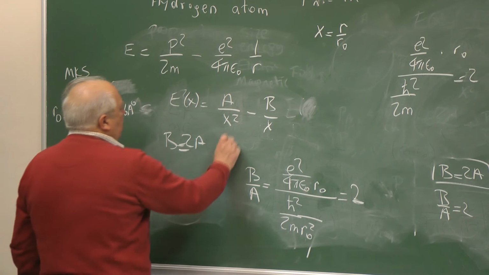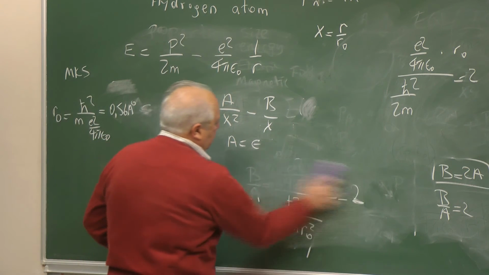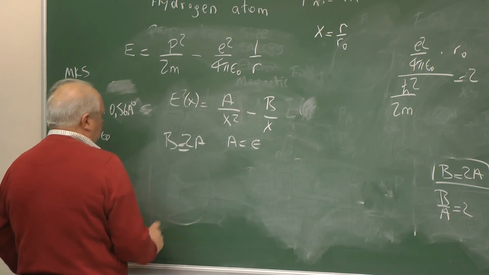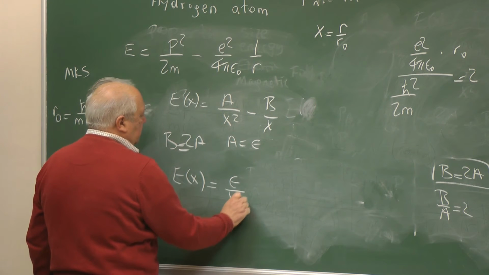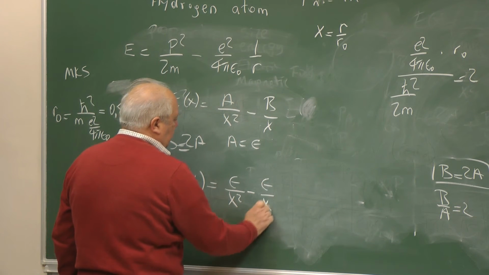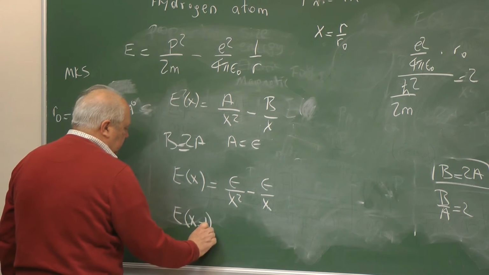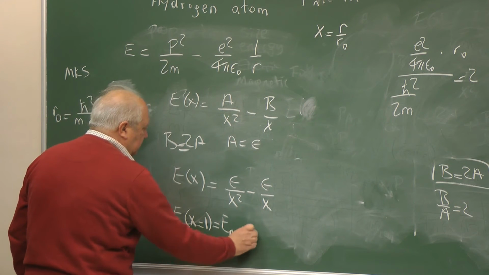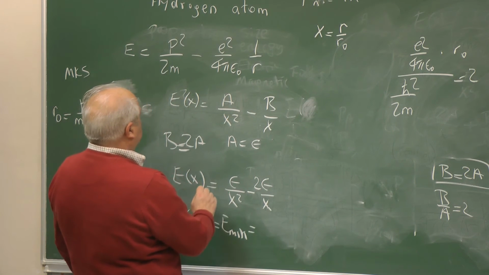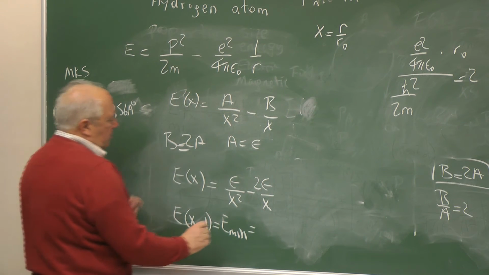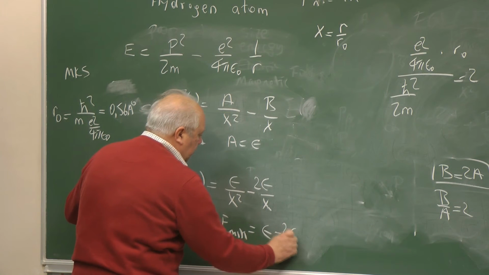So let's call A, let's measure it in energy units, epsilon. I'm erasing this part. E of x is epsilon over x square minus epsilon over x. And we know that at x equals 1, that's the minimum of the energy. So when you put, this is 2 epsilon. B equals 2A. So if you put x equals 1, this is epsilon minus 2 epsilon.